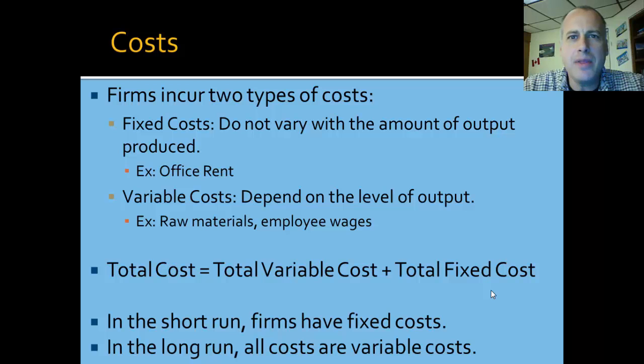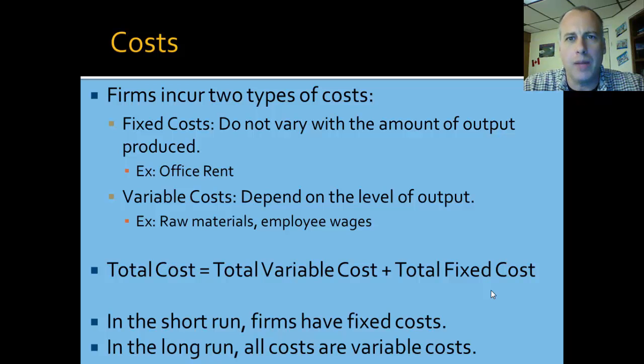And we remember the definition in economics of the short run versus the long run. In the short run, we have some inputs that are fixed in supply. And in the long run, we can vary all of our inputs. So if we think about it from the perspective of McDonald's, in the short run McDonald's has a fixed number of stores, and a store manager can vary the number of workers they bring to work, but they can't vary the size of the store or the number of stores that they're working out of in the short run.